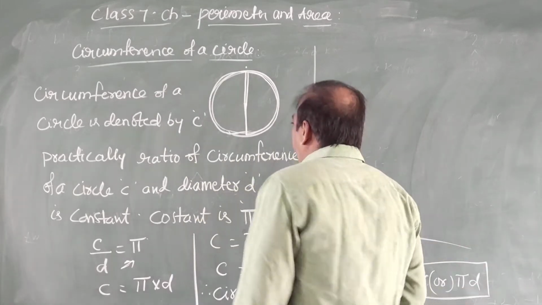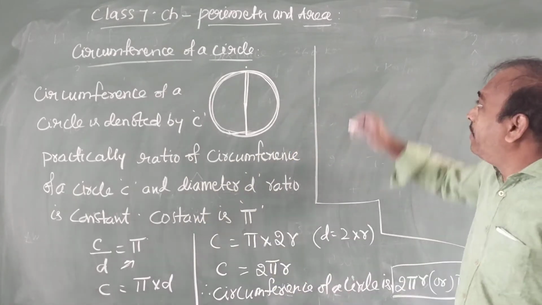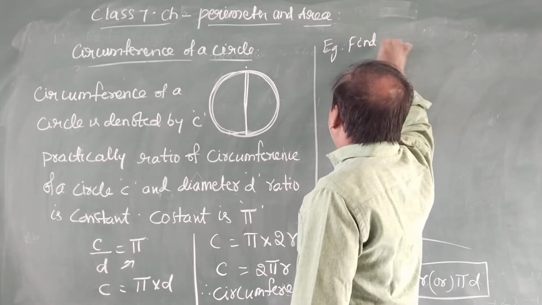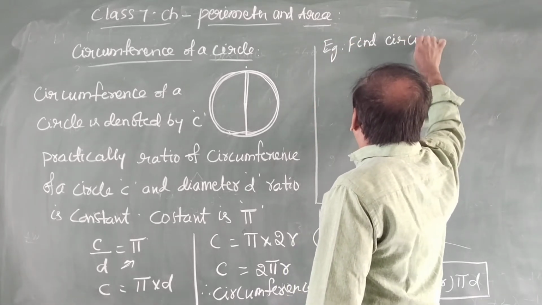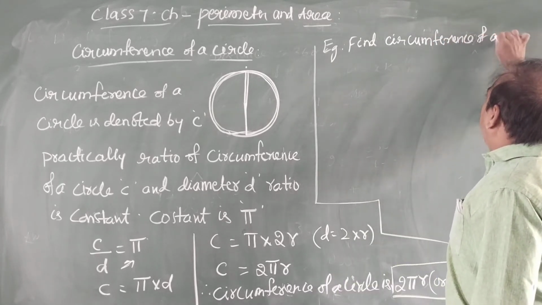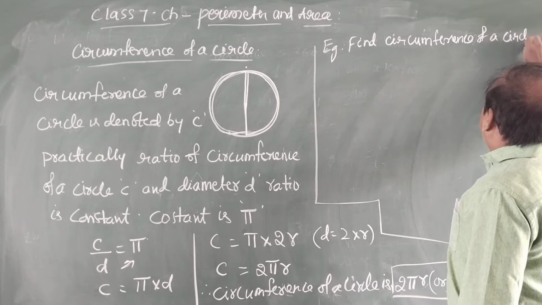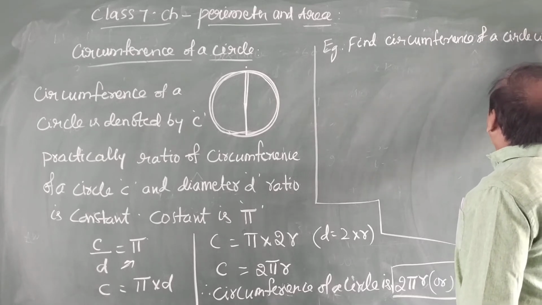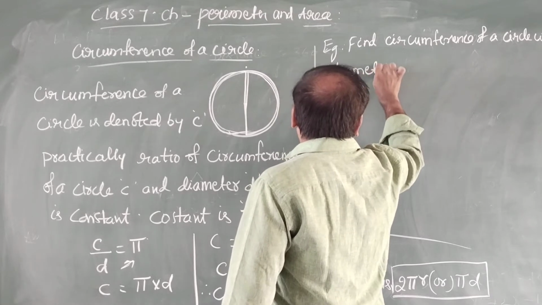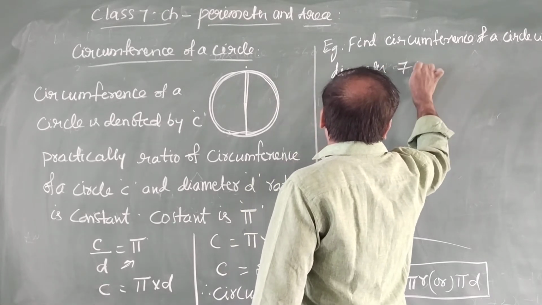So let us see one example with this circumference of a circle. Example: find the circumference of a circle with diameter 7 centimeters.